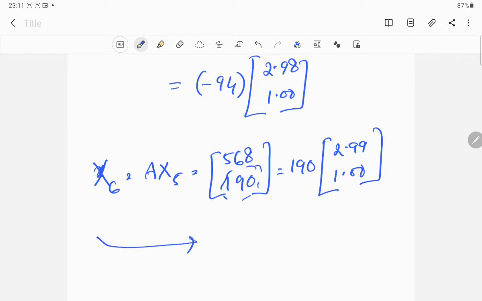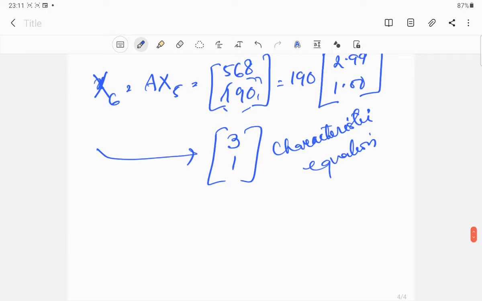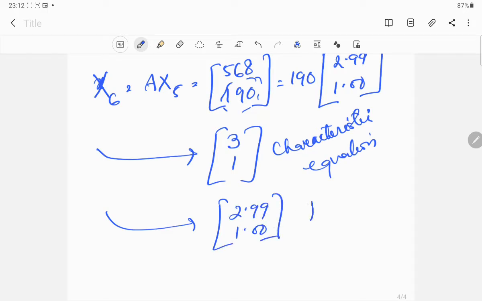If you remember from the last video, the answer was this, which we derived by using the characteristic equation. But here also you can see that the result is almost near. So using the power method, what we got? 2.99. This one we obtained by using the power method.